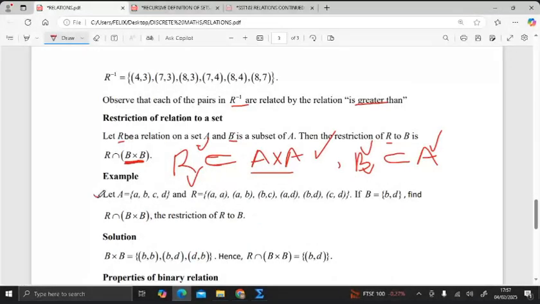B is a subset of A. So how do we restrict this relation to B? We obtain the Cartesian product of B and itself.